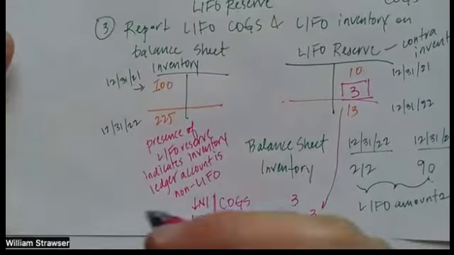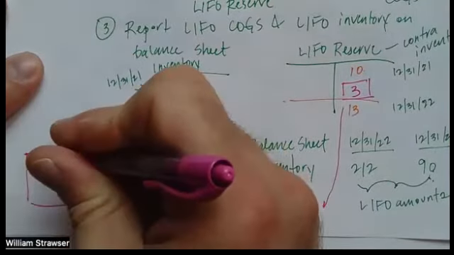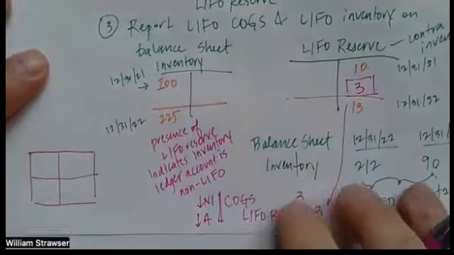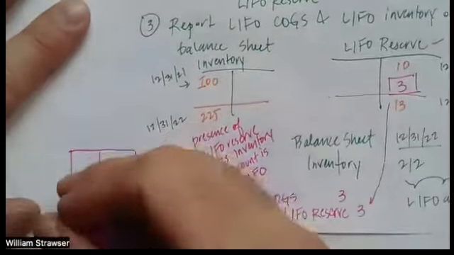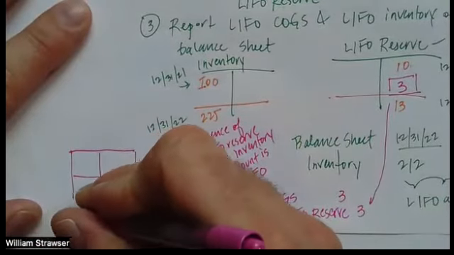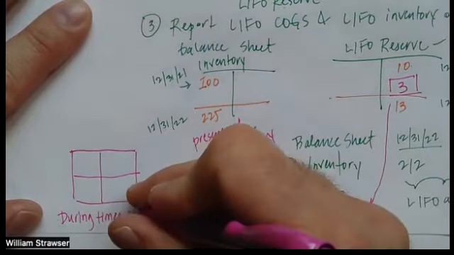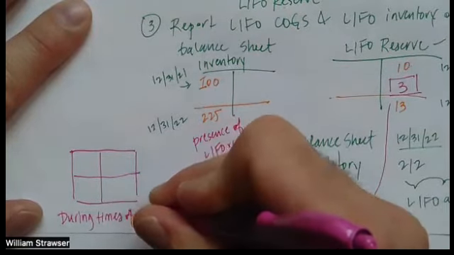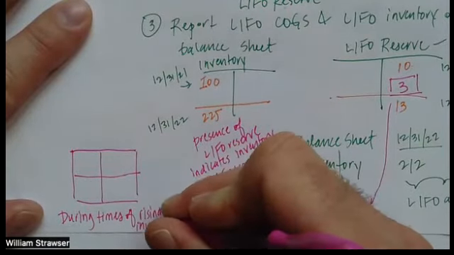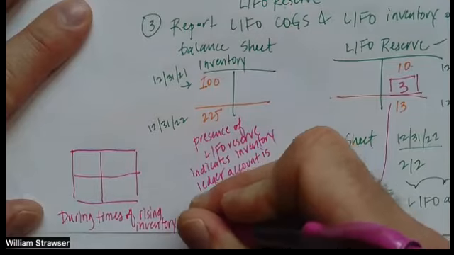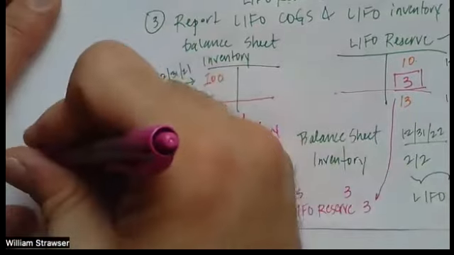A way to put this into a table, just to summarize the information I just talked about. And of course, you have to say during times of rising inventory costs, so the stuff I'm buying and making is getting more expensive over time.